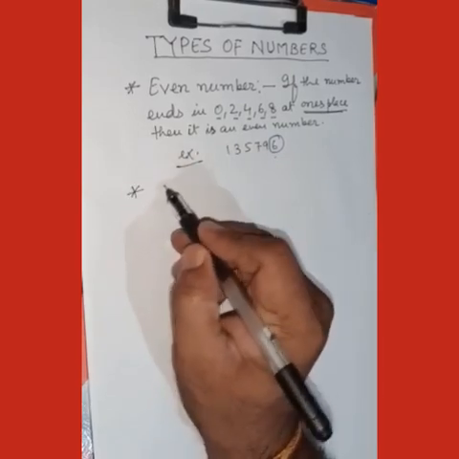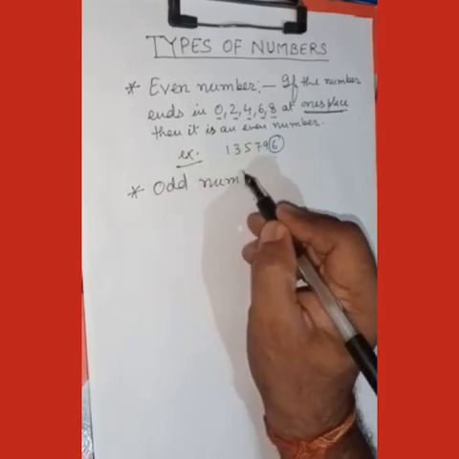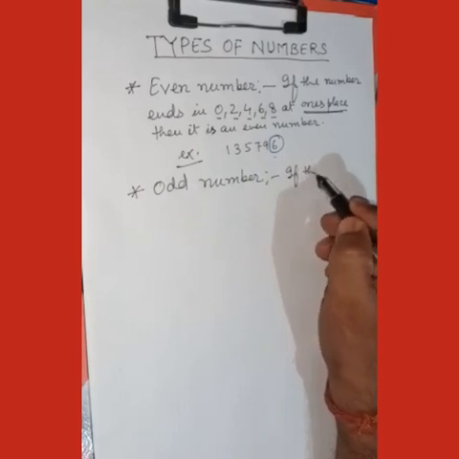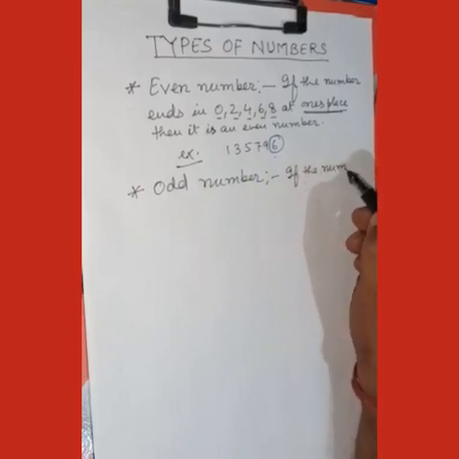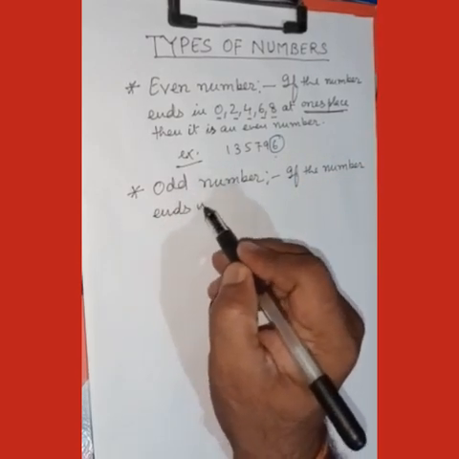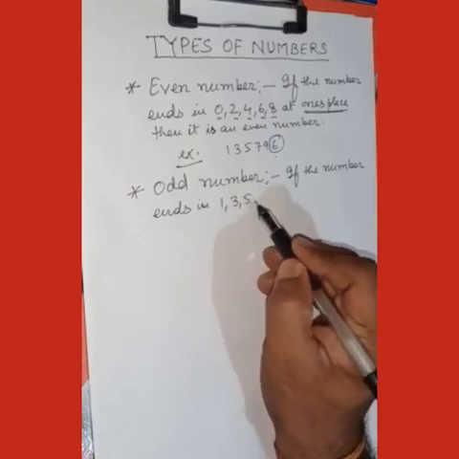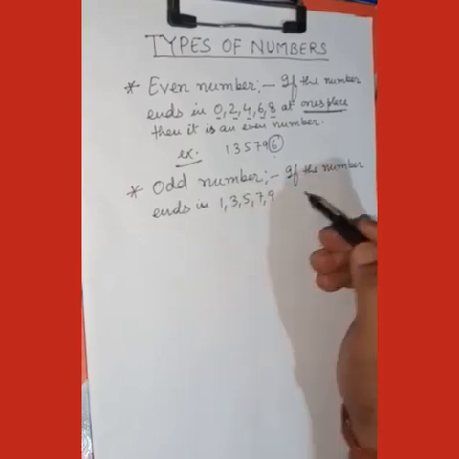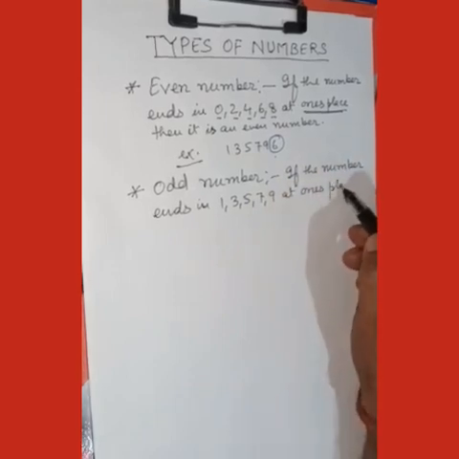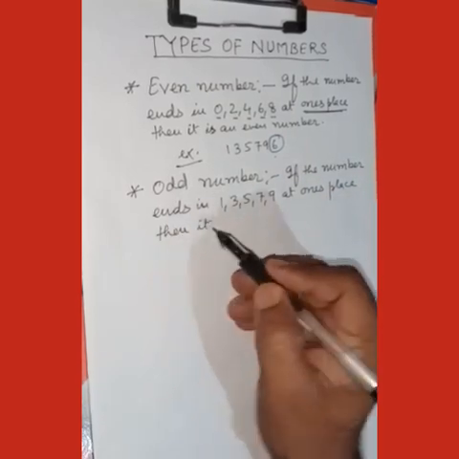Okay, next is odd number. If the number ends in 1 3 5 7 9 at one's place, then it is an odd number.